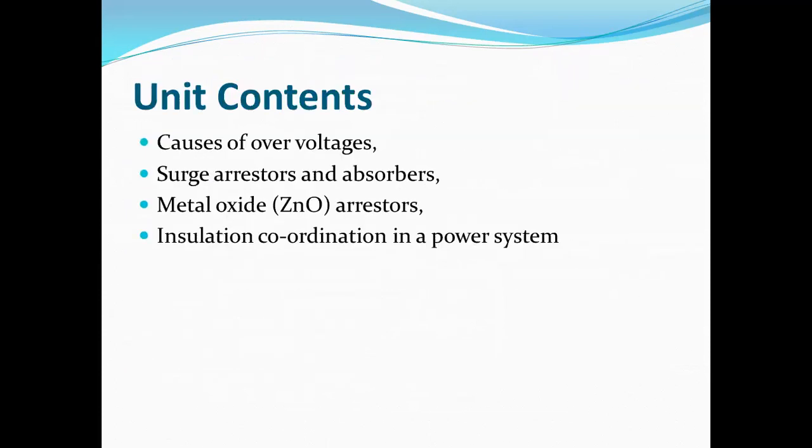The unit contents were causes of over voltages, surge arresters, surge absorbers, metal oxide arresters, and insulation coordination in power system. All 4 points are covered here, and in this way our seventh chapter is also over. Here our whole syllabus of switchgear and power system is completed, right?